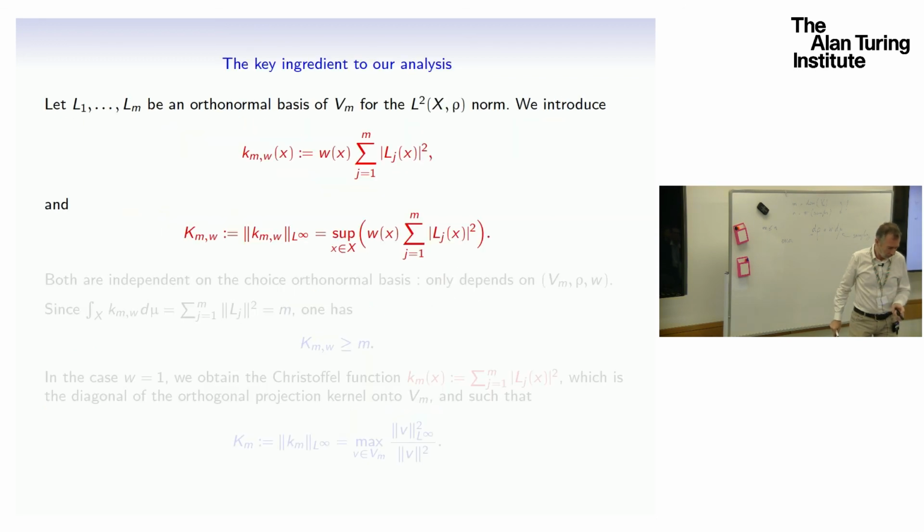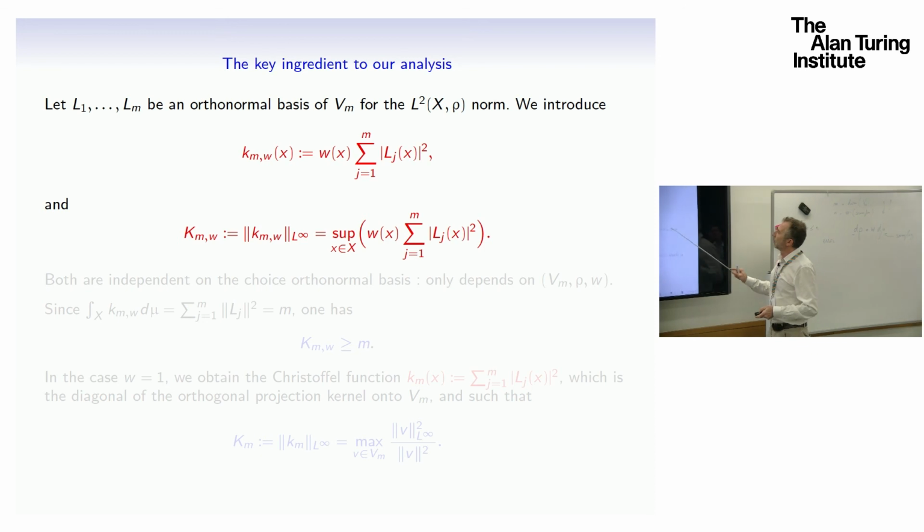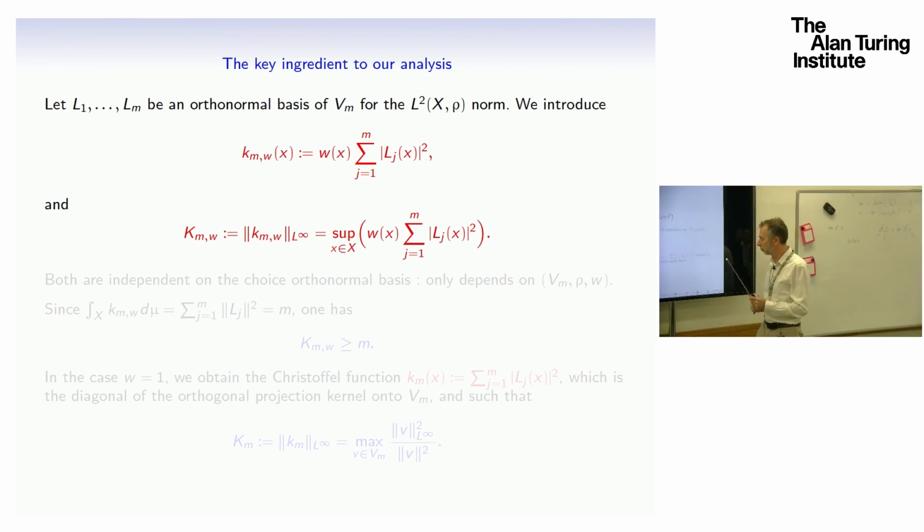Let's see. So now I come to the key ingredient in our analysis, which is the following quantity. So recall that this is an orthonormal basis for this norm, and we are going to introduce the following function. So we take the sum of the square of this function and multiply it by the weight. We call this function KMW.